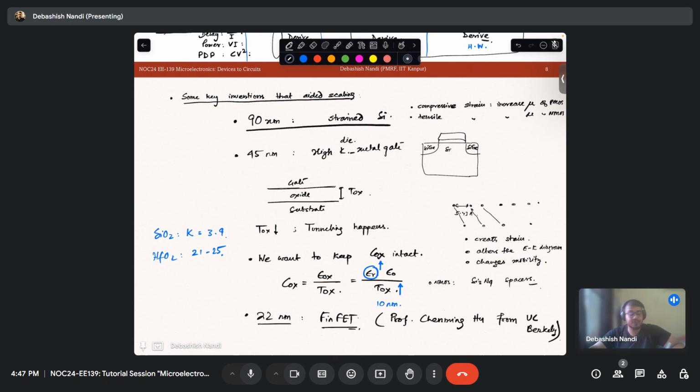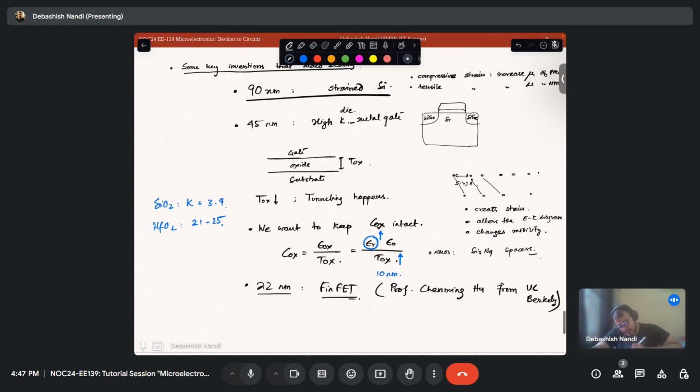This was one of the most important inventions in this century. What he was thinking was, why should we have the gate on one side? Let us wrap around the channel from three sides. So a FinFET structure is something like this.